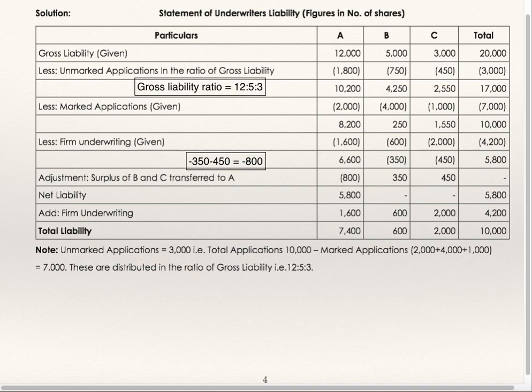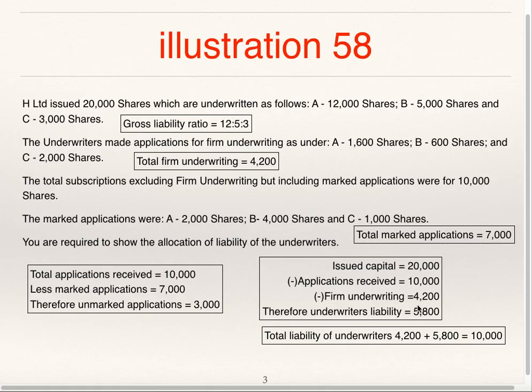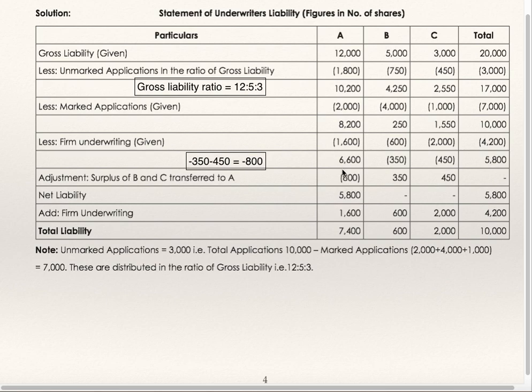So this is the underwriters' liability, 5,800. Who will share this? It will be taken over only by A. So 5,800 shares which are not taken over by the public will be the liability of A.